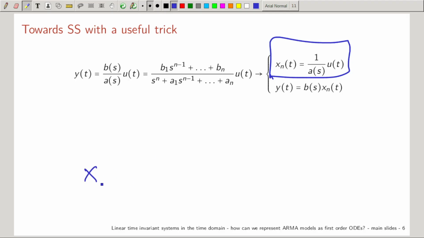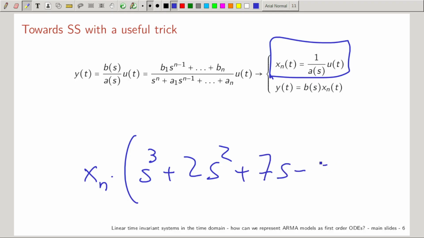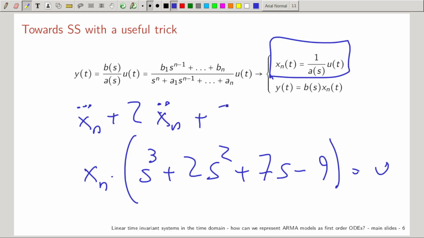I'm writing xn times a polynomial in S, that is my A of S, equals u. If this A of S was S3 plus 2S squared plus 7S minus 9 equal to u, then this is xn 3 dots plus 2xn 2 dots plus 7xn dot minus 9xn is equal to u.